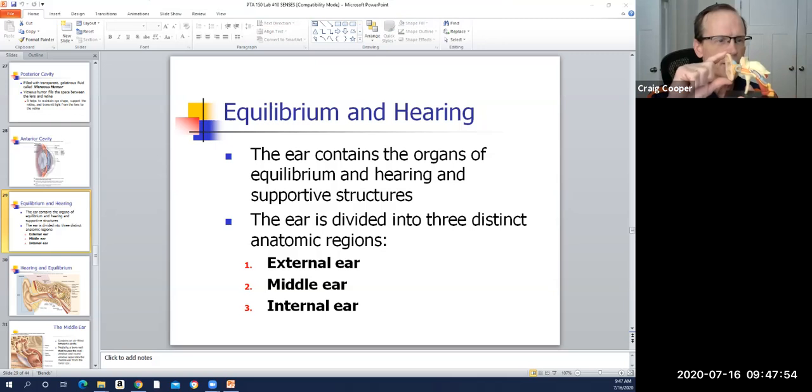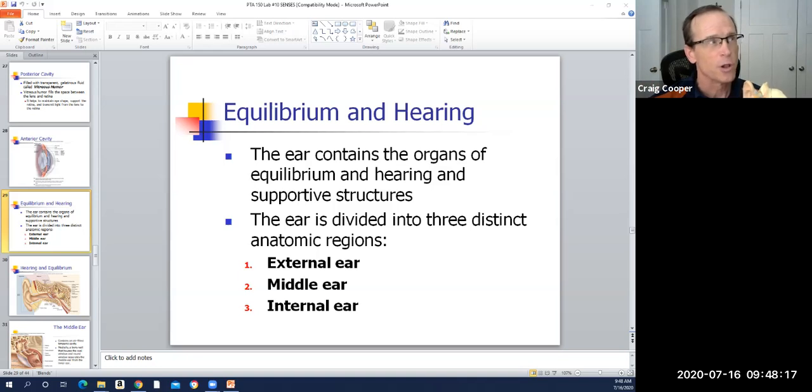So the external ear is essentially what we call the auricle or the pinna. It has two different names. That's basically the fleshy part that we can touch and feel. And then it also includes what's called, you'll see a couple different terms, I think this book calls it the external acoustic canal.